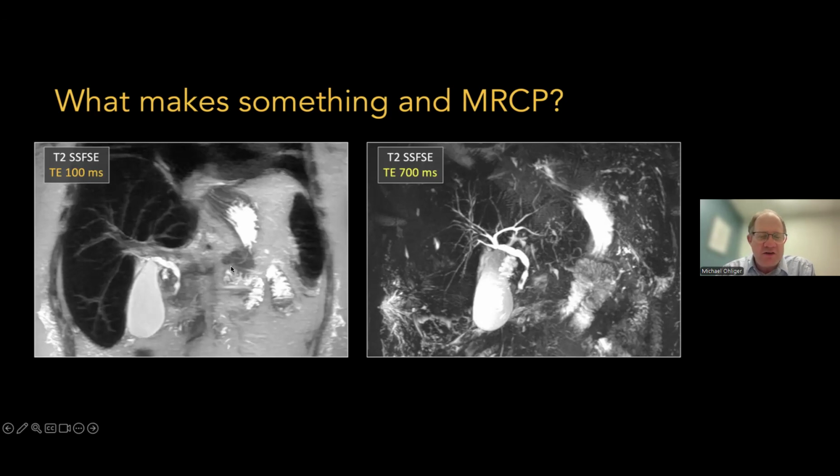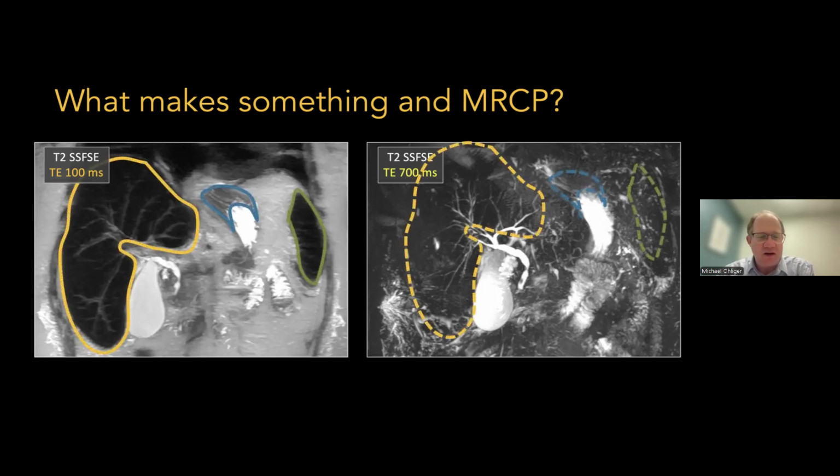But really all you're doing is taking a T2 weighted sequence and changing the parameters so that you accentuate things with a very long T2, or you accentuate fluid and you suppress everything in the background. And that's it. And that's where the liver, spleen, and the portion of the stomach used to be.